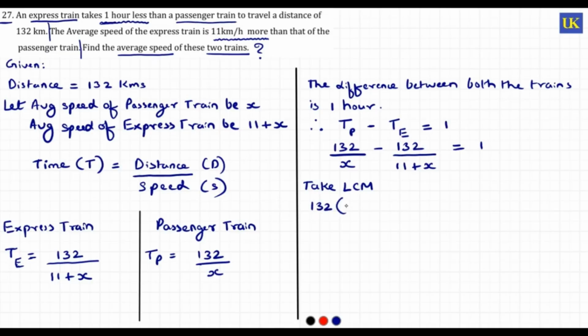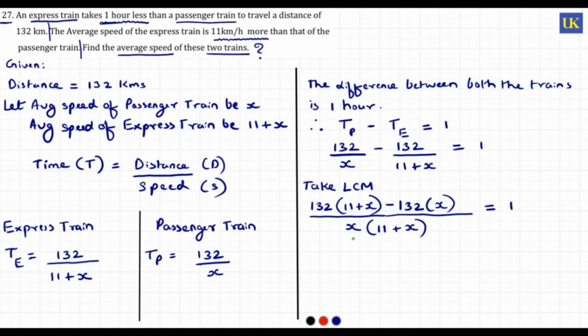132 into 11 plus x minus 132 into x, and now in the denominator I will multiply and write both these things. So x multiplied with 11 plus x, because we have taken the LCM, is equal to 1.